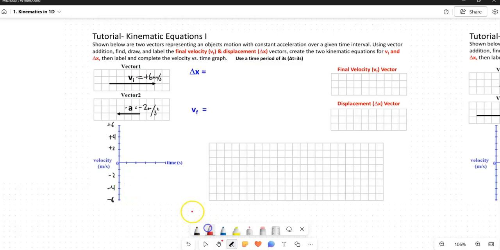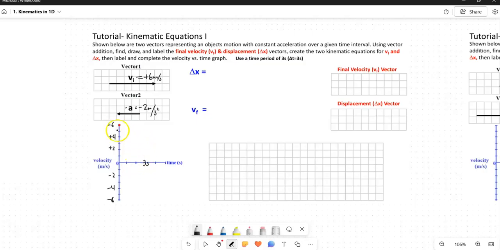So our data is going to start here at the 0 second mark, and I'm going to count 1, 2, 3 seconds. So this is going to be 3 seconds, and 3 seconds is going to end right here.